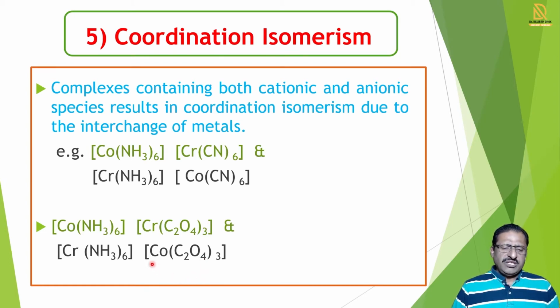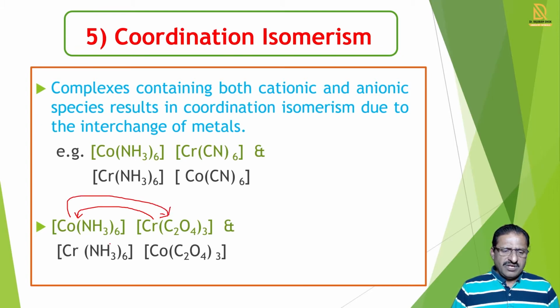We take one more example, [Co(NH3)6][Cr(C2O4)3]. In this case also we change the metal. We change this chromium from the second to the first, and this cobalt to the second.